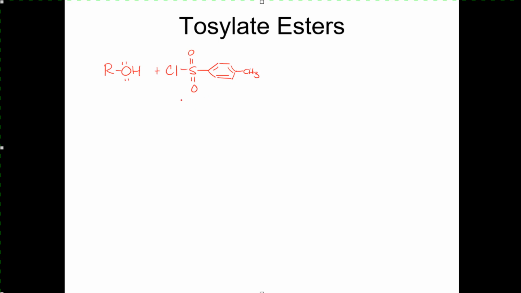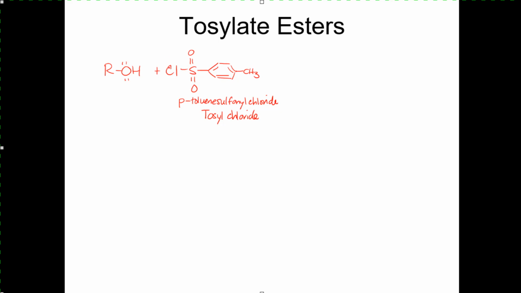This is called para-toluenesulfonyl chloride, which is its actual name, and that's sometimes abbreviated as tosyl chloride.